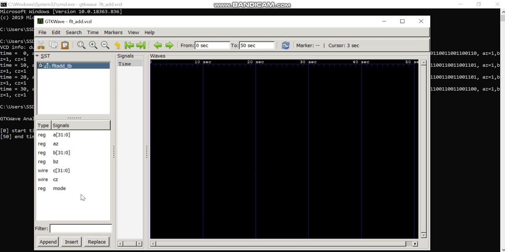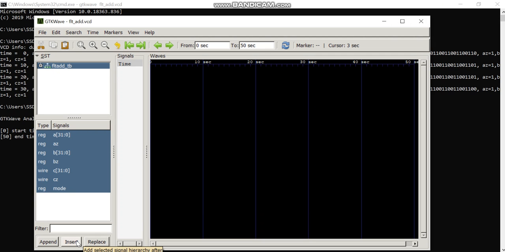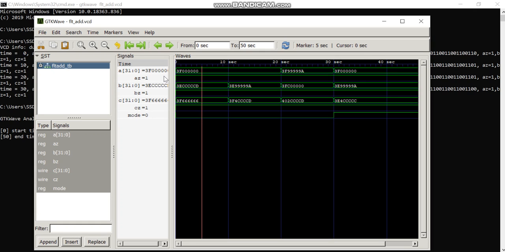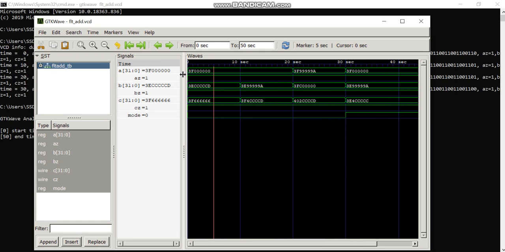Now we'll insert all the required inputs and outputs into the waveform viewer. The first set of inputs I have given were 0.5 and 0.4. These are the hexadecimal equivalents of those values.